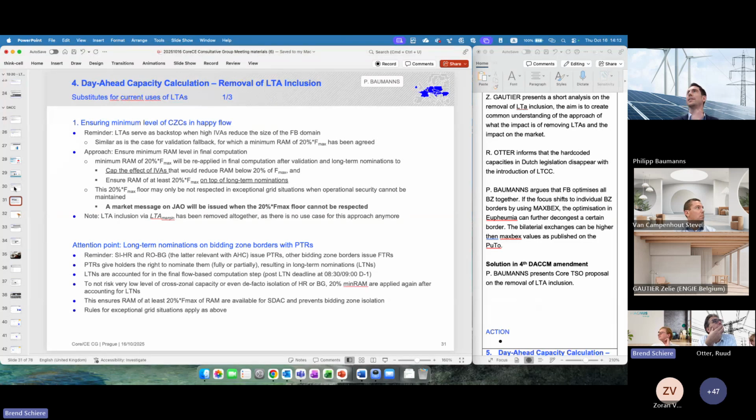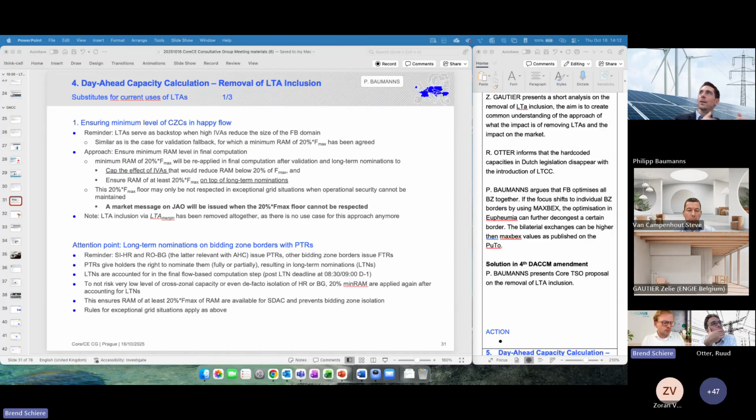It's just the standard process of the capacity calculation. So if we compute the flow-based domain as every day, you want to have something that replaces the LTAs. That's basically this aspect. And today, as you highlighted, or even show with your analysis, the LTAs serve as a kind of backstop for the flow-based, because this LTA inclusion is applied after the validation.